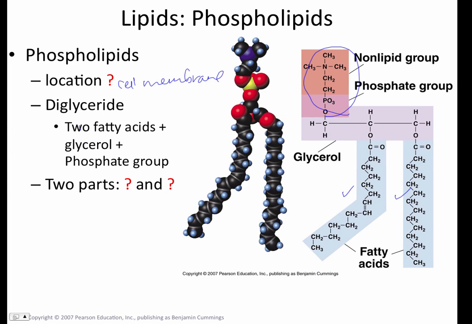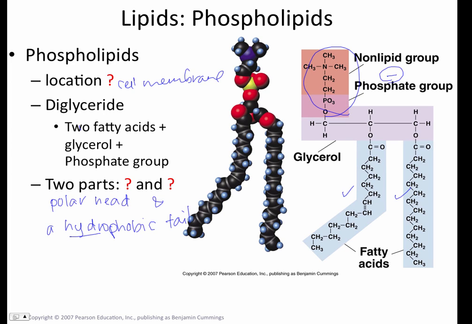And so because of this, we have what's called phosphate groups. These are negatively charged species, and because of that negative charge, we have what's called a polar head, and a phobic tail. Now, what exactly does that mean?